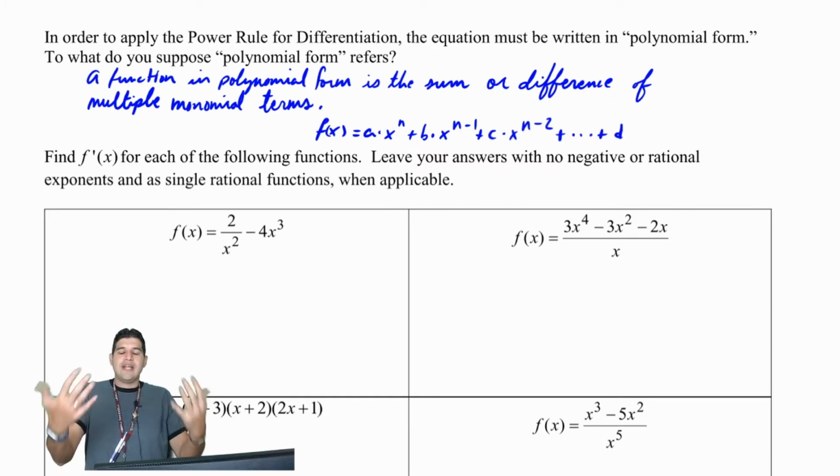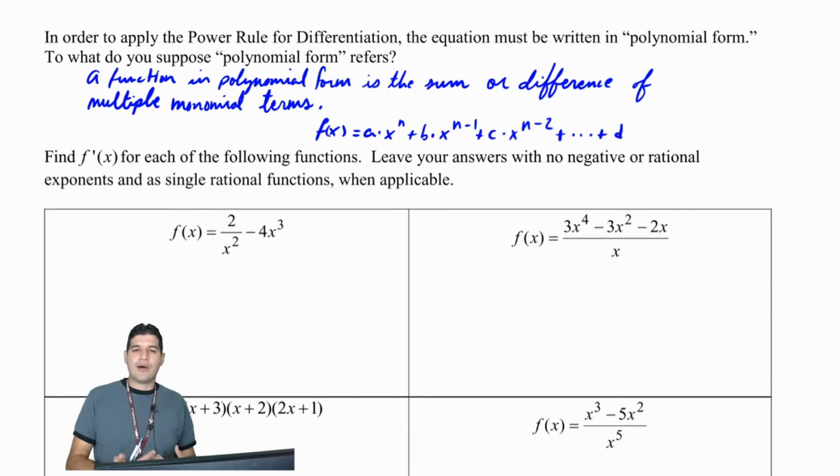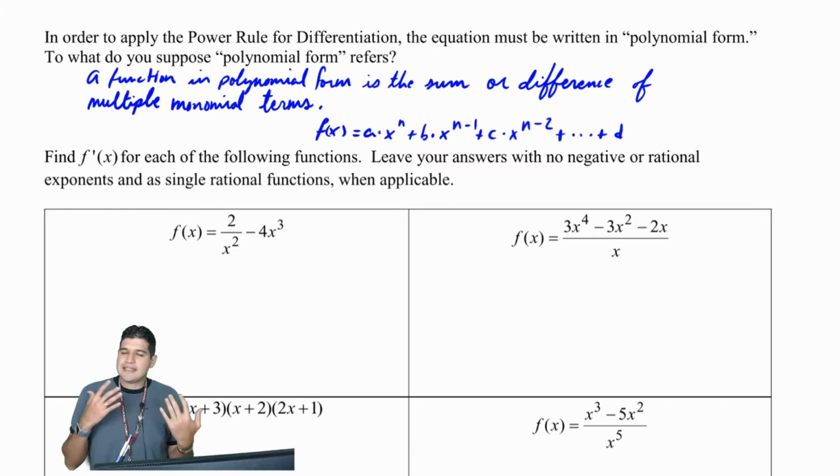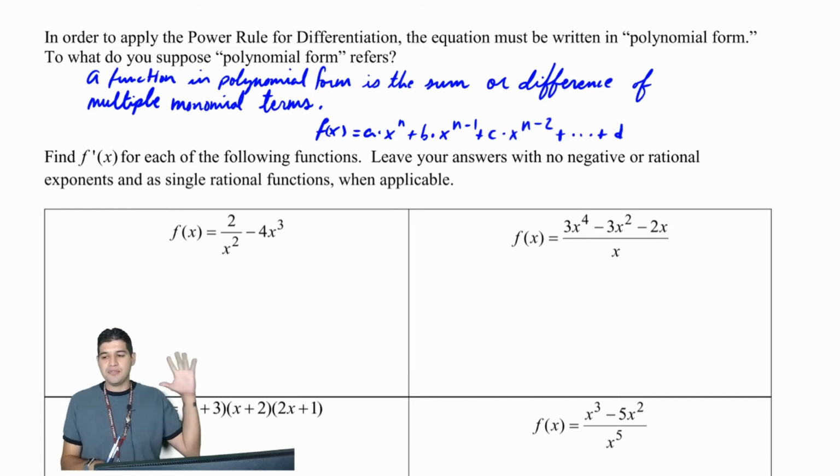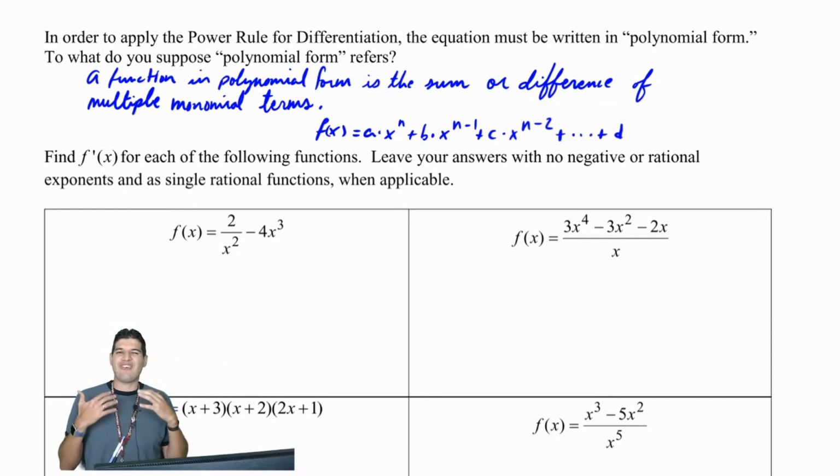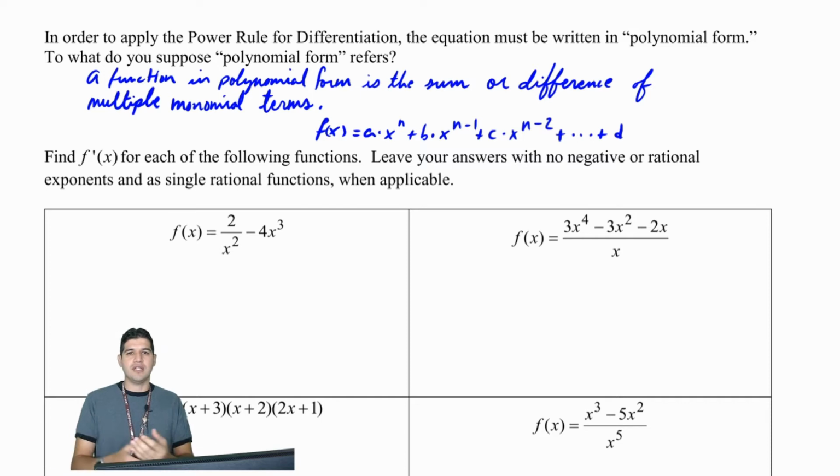So anything written in this form, we can apply the power rule to. In some cases, we need to write things into that form, and you're going to see how rewriting equations is going to be super important to using the power rule effectively throughout calculus.